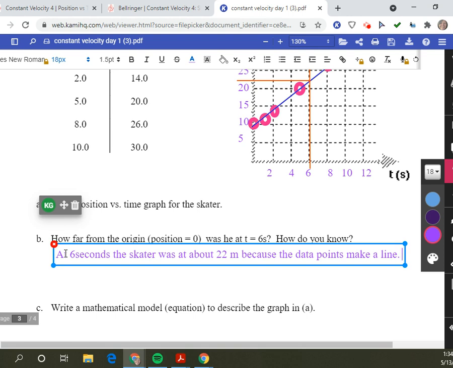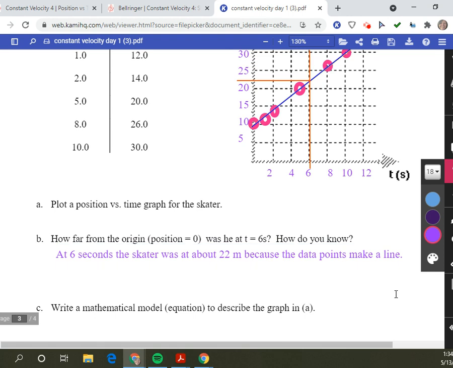You could go further and say, I can tell from where 6 seconds intersects the line that we are at 22 meters right here. All right. I'll let you have a second to type that in because the next one we're going to talk about the equation of a line. Dun, dun.